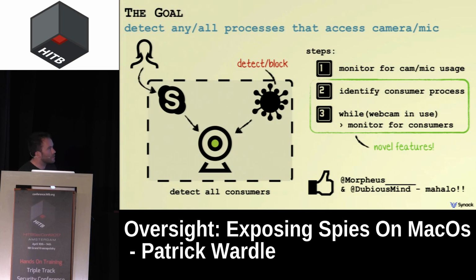It turns out we can do this in 3 pretty simple steps. We first register for webcam notifications, just like the malware does. And then when the webcam is activated, we can basically determine who activated that, and we'll show this in a minute. And then while the webcam is in use, we just look for secondary consumer processes that might be piggybacking on to access the webcam while it's already in use.